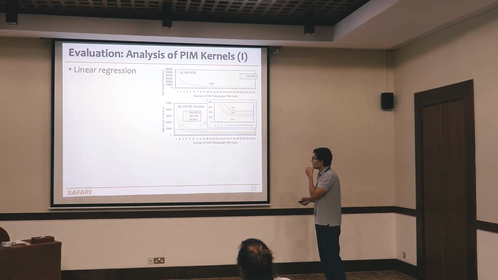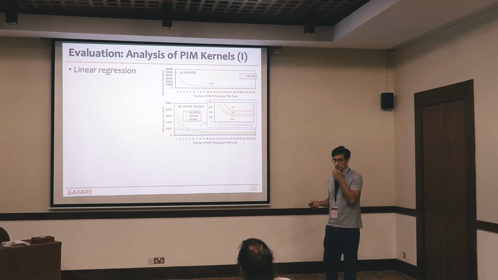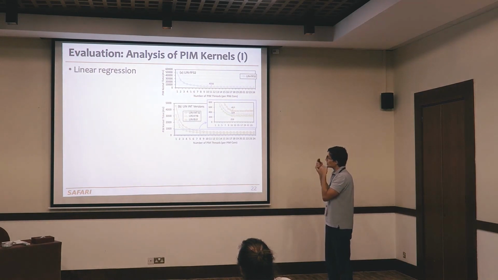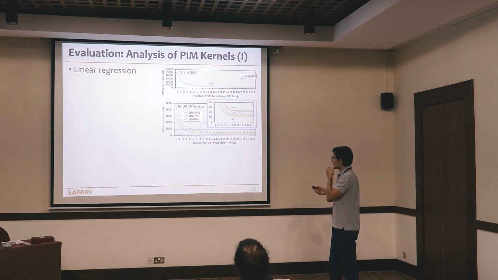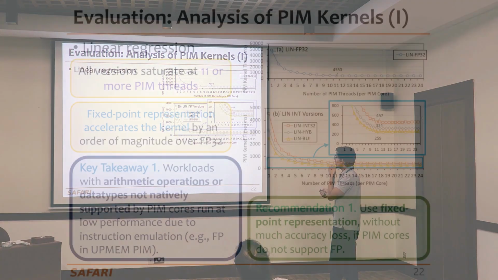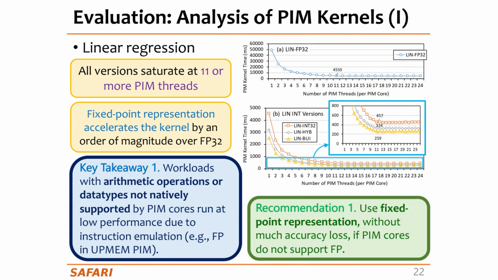With respect to the PIM kernels, what we first did was analyze the performance of the individual kernels, changing the number of PIM threads from 1 to 24 for all the different versions. Here at the top we have the floating point version, and here we have the integer versions. The interesting thing in this slide is to see how the performance improves for the different versions that we created.